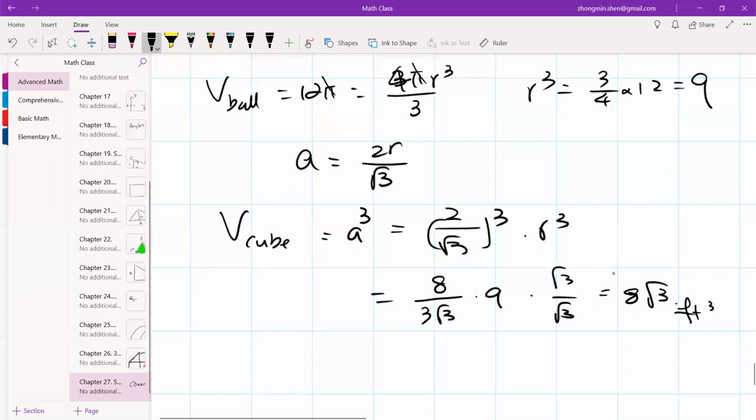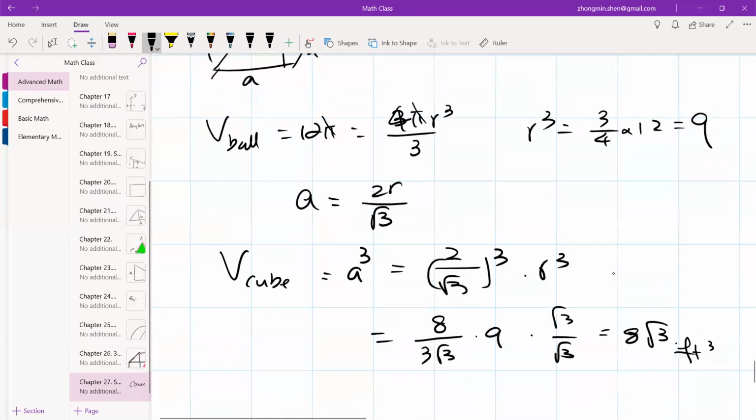So R cubed is 9. You don't need to find R to express it, because eventually you just need R cubed in the formula for the cube, because A cubed, where A is 2 over square root of 3 times R.